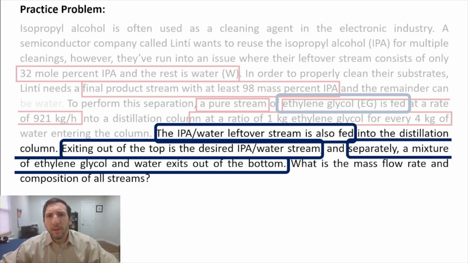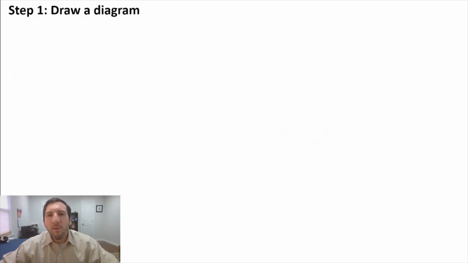And as we go into solving the problem, there's a few steps we want to follow. So the first thing that I always do when I'm trying to solve these types of problems is draw a diagram. I want to know what the system looks like. I want to be able to get a sense of where everything is and what I'm really solving for.